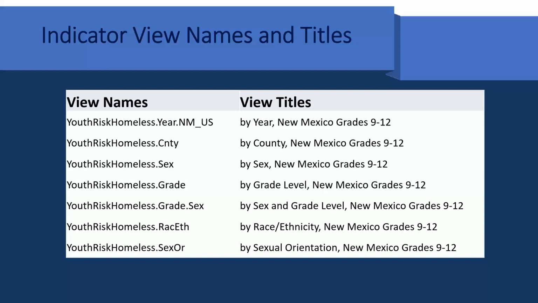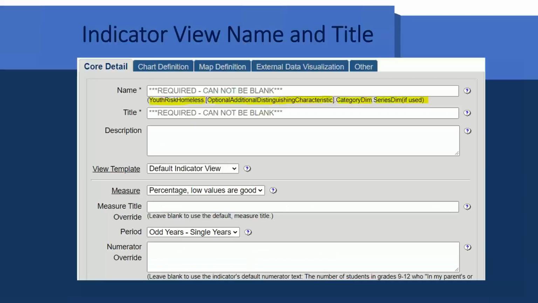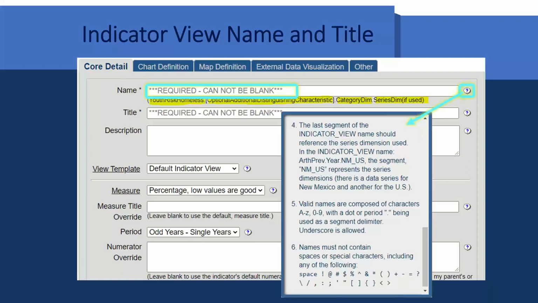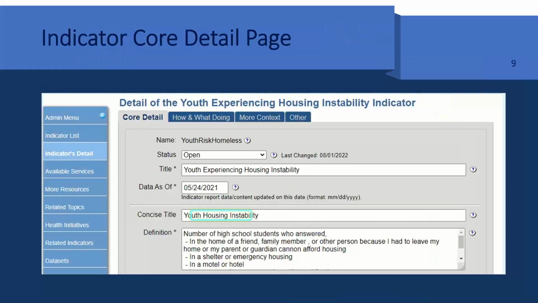And in 3.0, the titles are being created by the app. So here's the page where we create or supply the name.